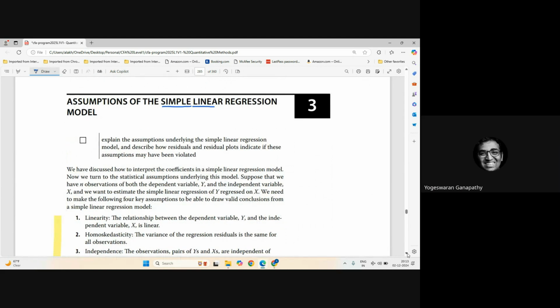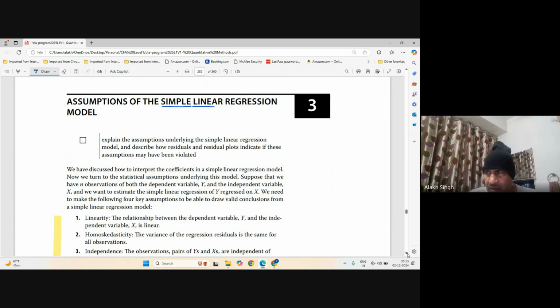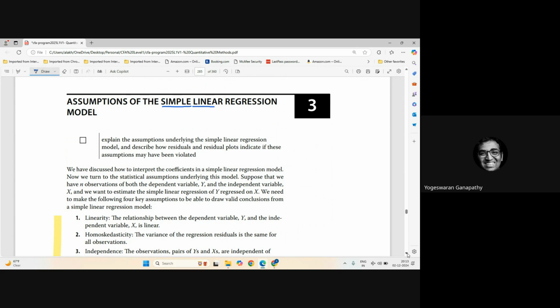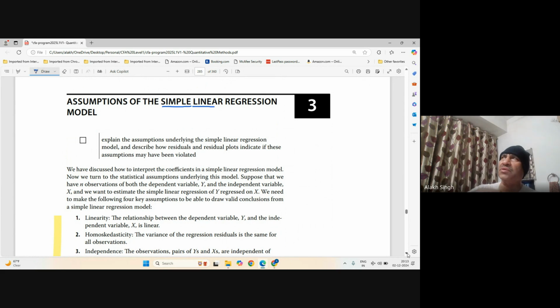If it's clustered, sir? Error terms will not be clustered. Clustering is for homoscedasticity; there should not be any cluster.